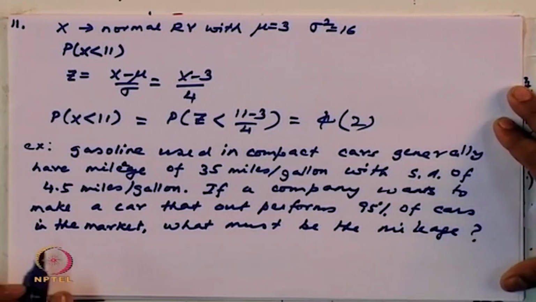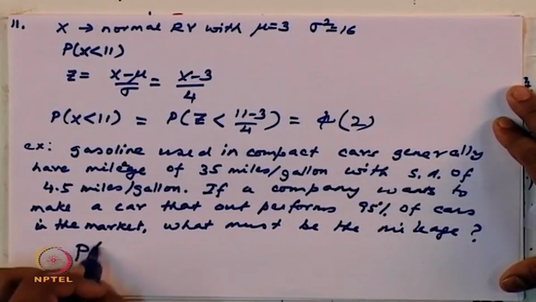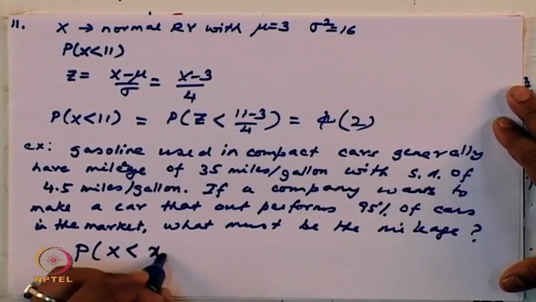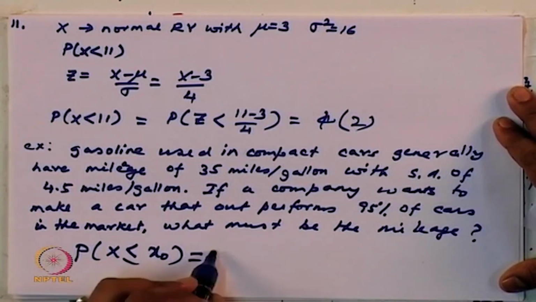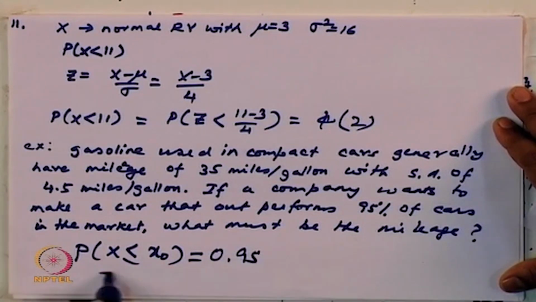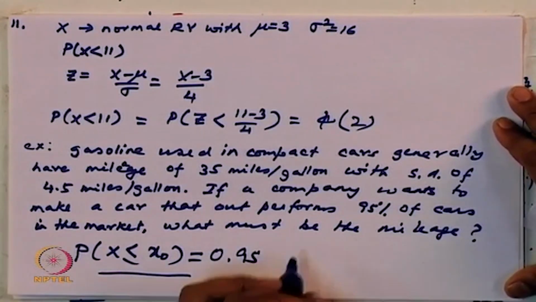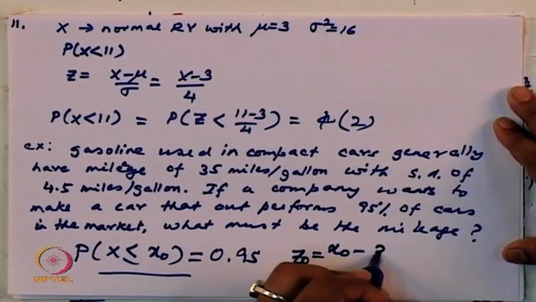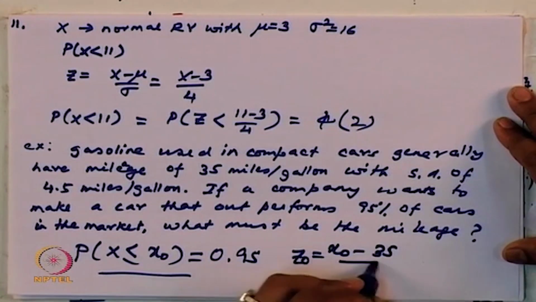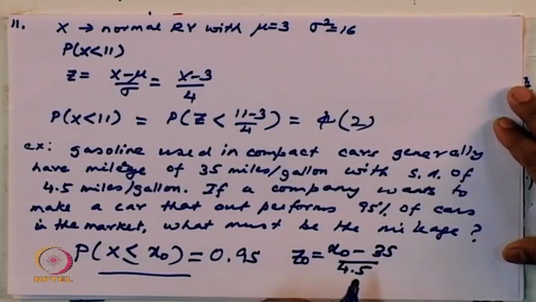Essentially, we have been asked for what value of x naught we get a probability equal to 0.95. We define z naught as (x naught minus 35) by 4.5.